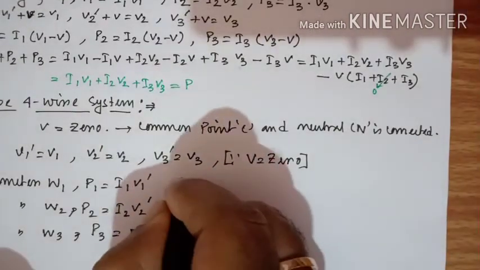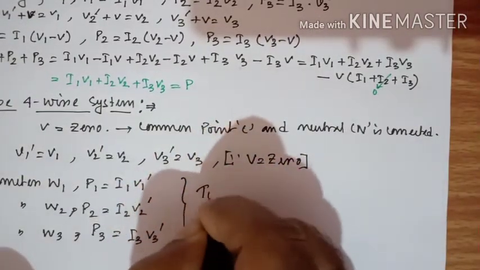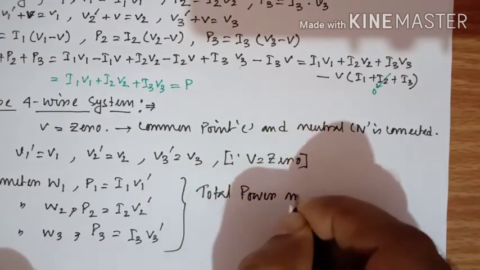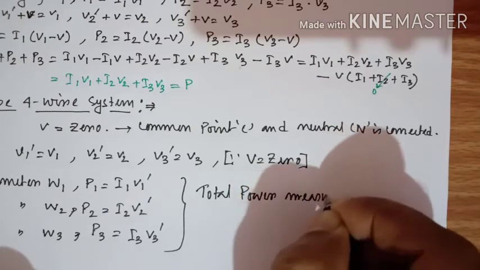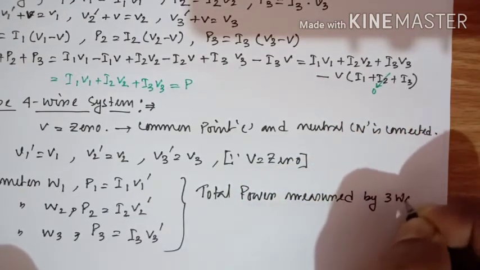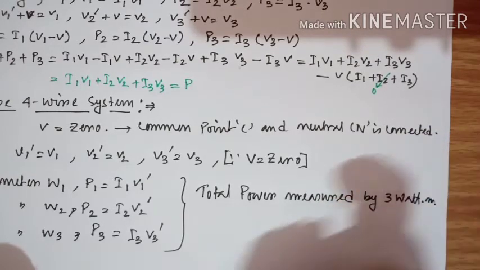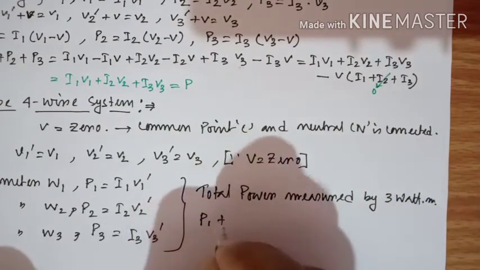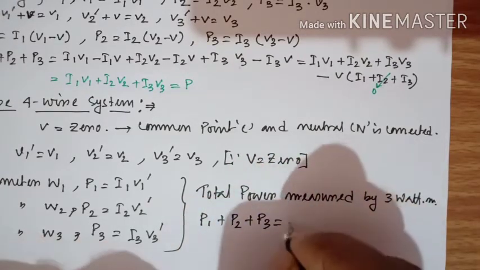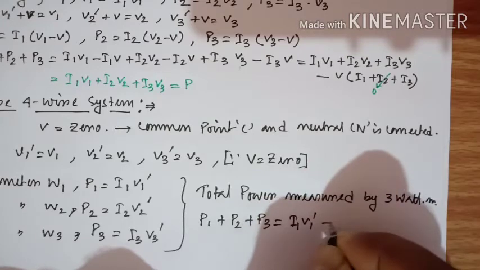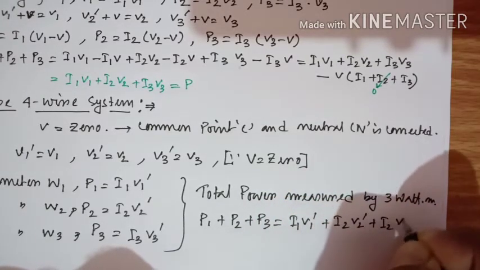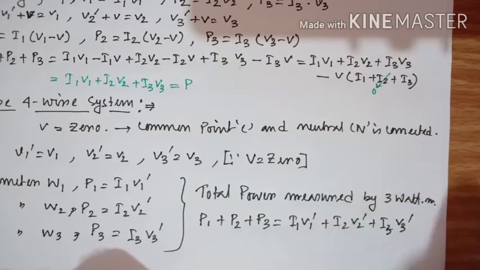So the total power measured by the three wattmeters is P1 plus P2 plus P3 is equal to I1 V1 prime plus I2 V2 prime plus I3 V3 prime.